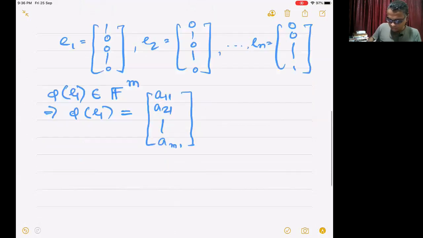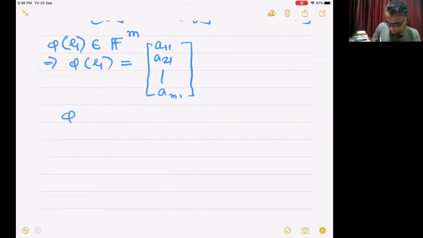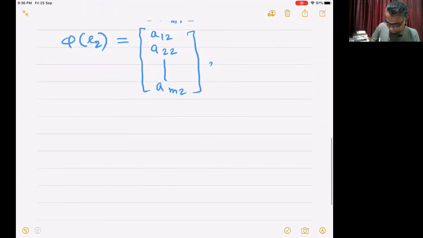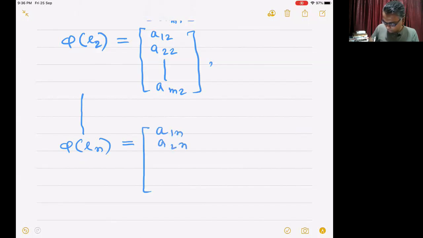Similarly, suppose phi acting on E2 would be A12, A22, so on up to AM2. We can continue doing this till we get phi of En, which is A1n, A2n, up to AMN.